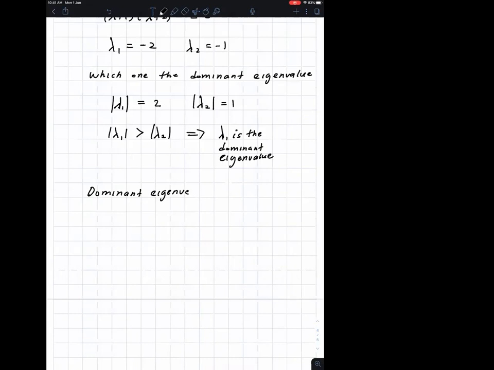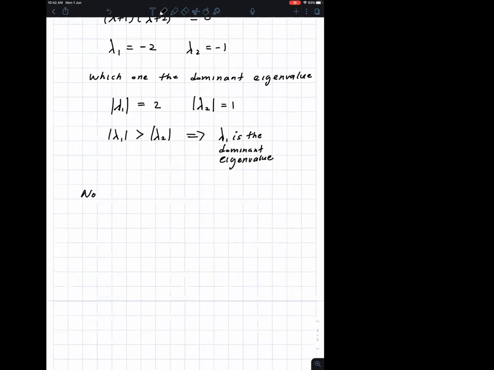So now what is the dominant eigenvector of A?